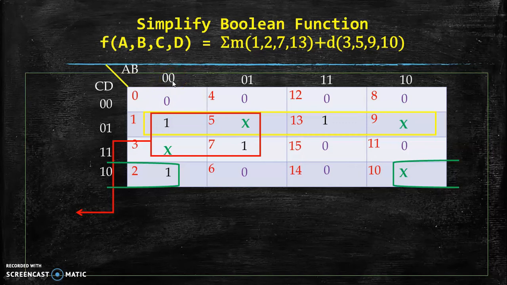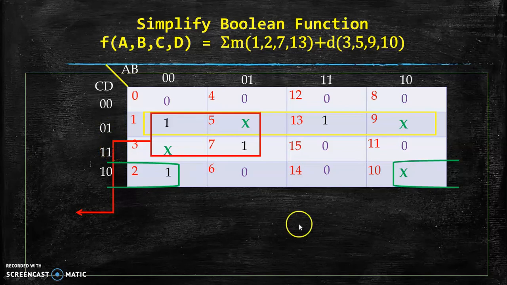So we eliminate the B variable, and for A we write A bar because it is 0. Same way for CD, it is 0 1 and 1 1, meaning C is shifting from 0 to 1. So we eliminate C, and for D it is 1, so we can write D.